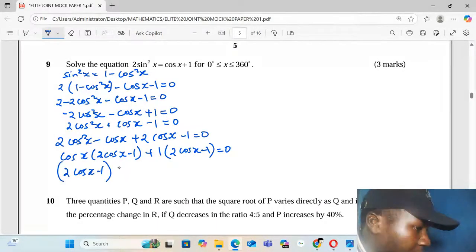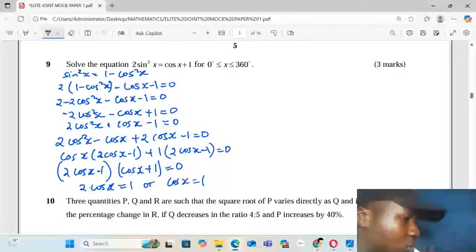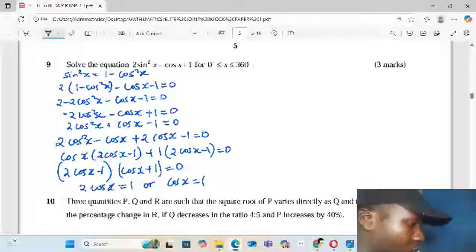2, then we have cos x plus 1 and 2 cos x minus 1, so cos x is equal to negative 1, or cos x is equal to a half.